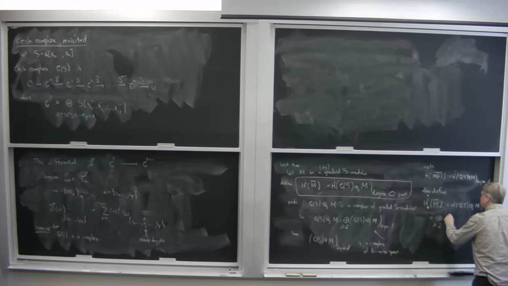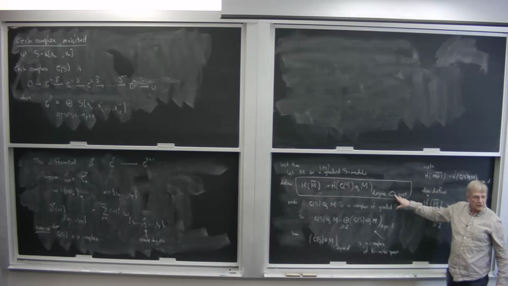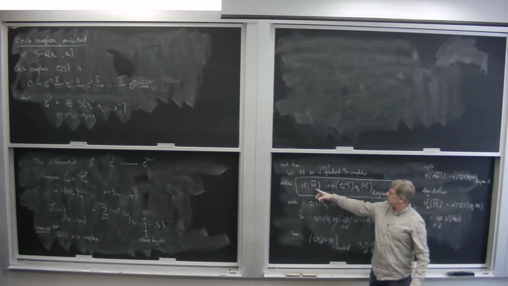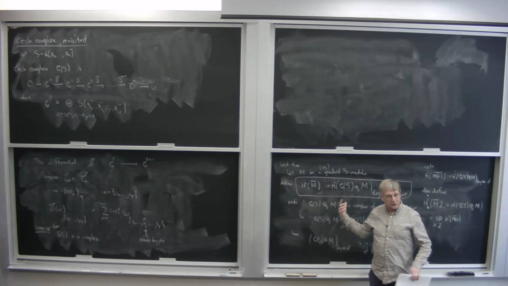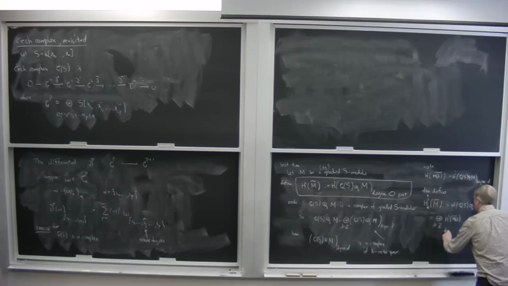Most of these will generally be 0. So if you want just one of them, you take that current part. If you want a different shifting, you have two options. One is you just change that and take the degree 0 part, or you just take the degree d part of the original one here. And if you really want all of them, this is an S module.